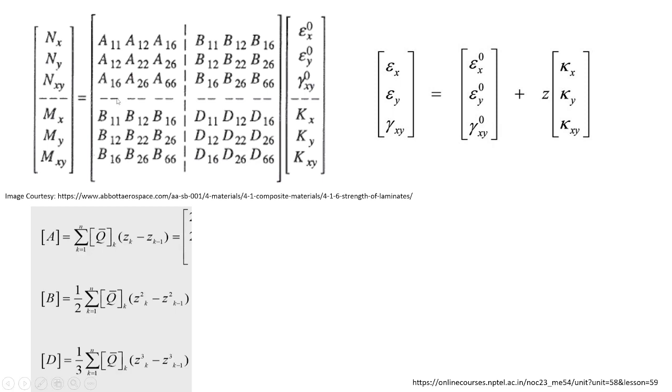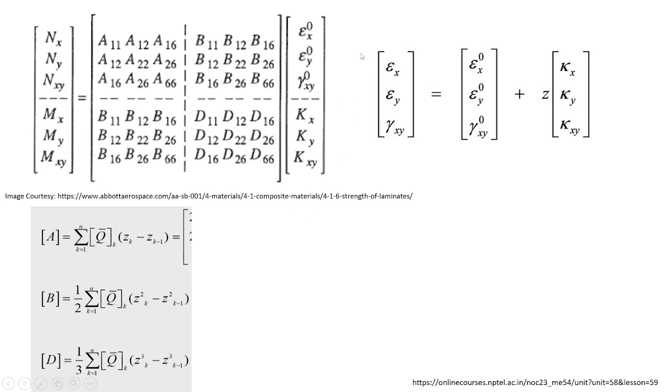As you can see here, N_x, N_y, and N_xy are the resultant forces. M is the moment. Epsilon naught is the mid-plane strains of the whole laminate, as we always consider the midpoint of the whole laminate, and according to that we consider different properties, and then there is curvature.